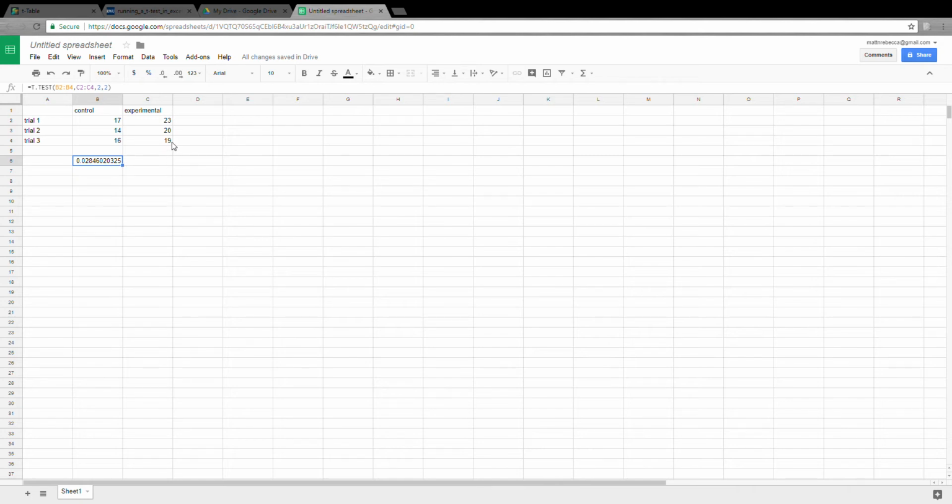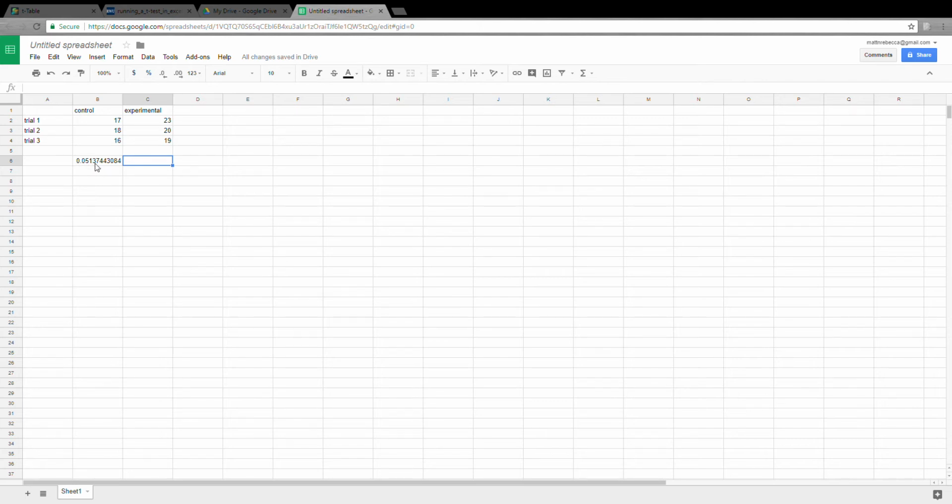But let's change around this data a little bit. Let's say that instead of my control having this, maybe my control was 18, and now, even though these appeared to be different at first glance, look what happened down here on my p-value. I'm now at 0.51.